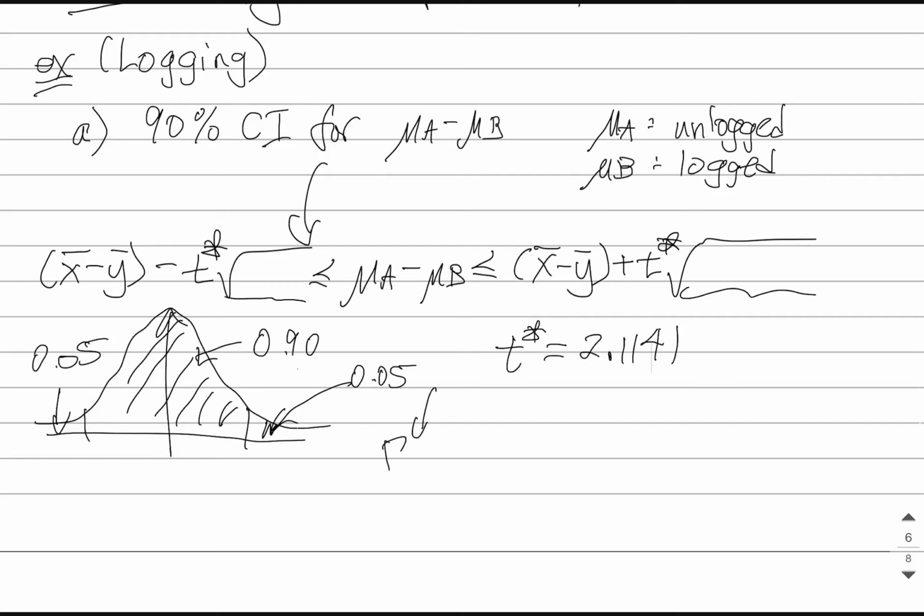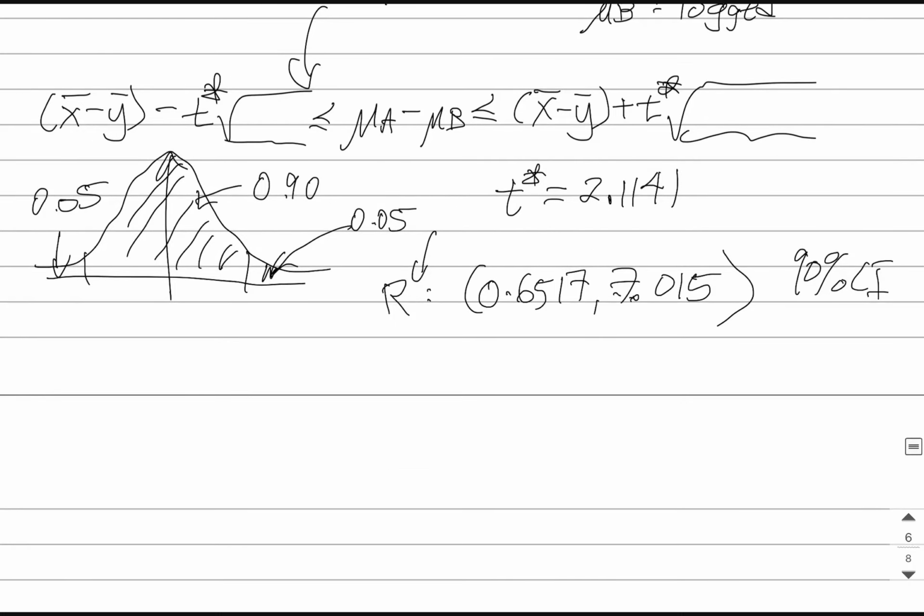And from R, the confidence interval that we end up getting is 0.6517 with some change up to 7.015. And so this is the 90% confidence interval for the difference.